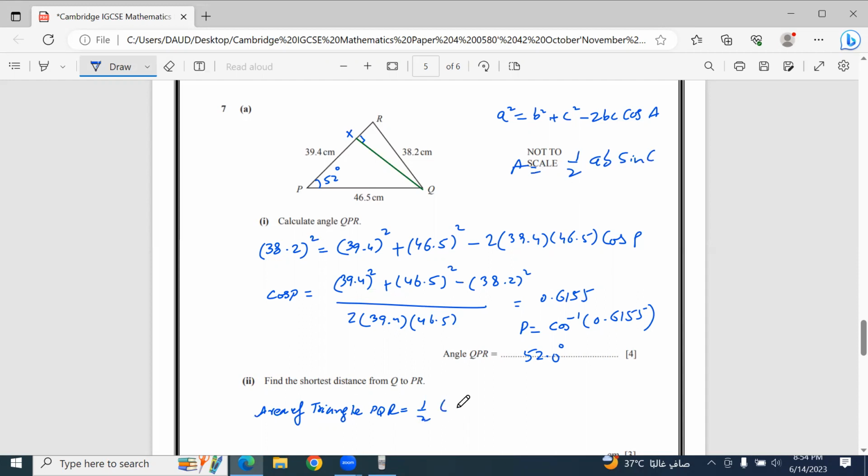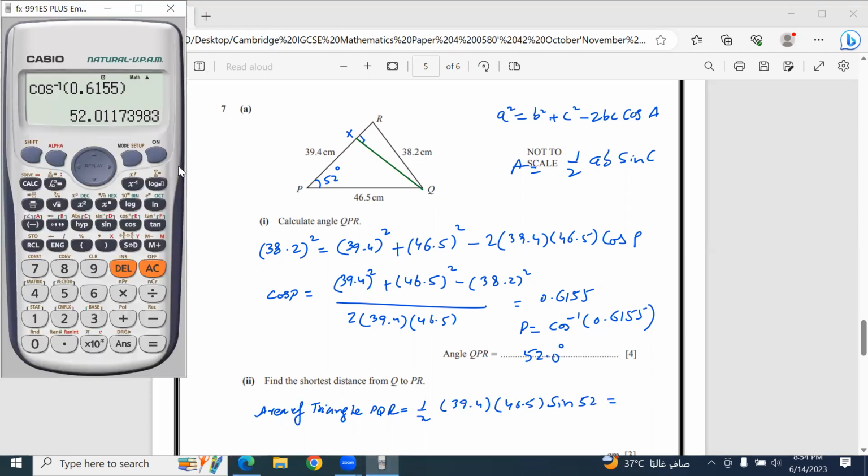So 1/2 times 39.4 times 46.5 times sine 52, divided by 2.